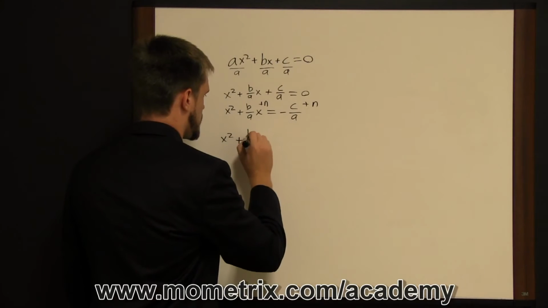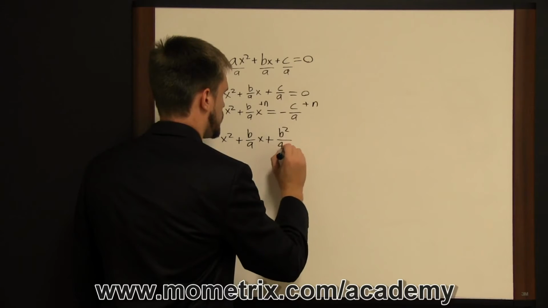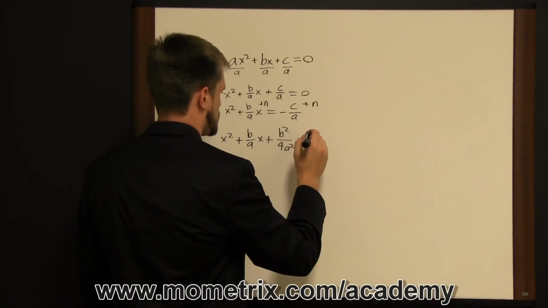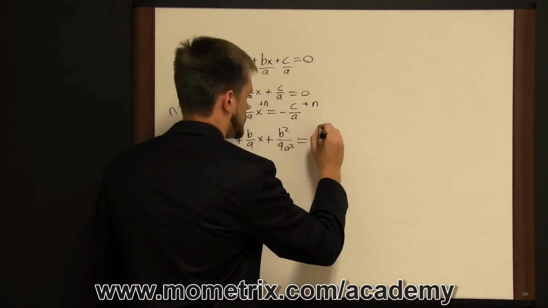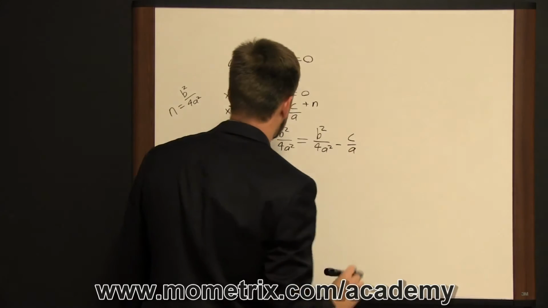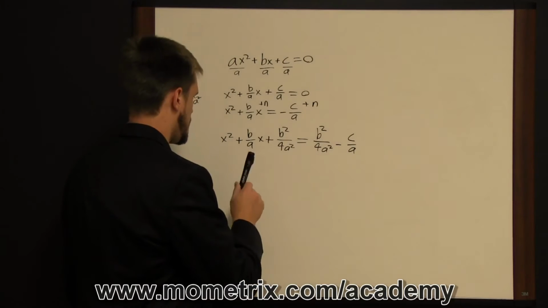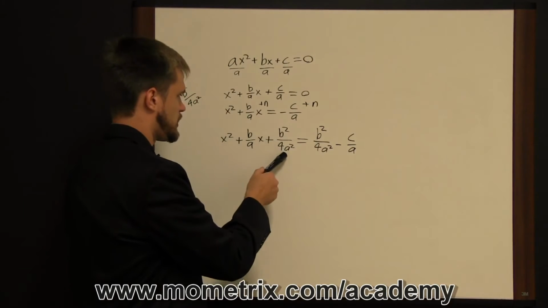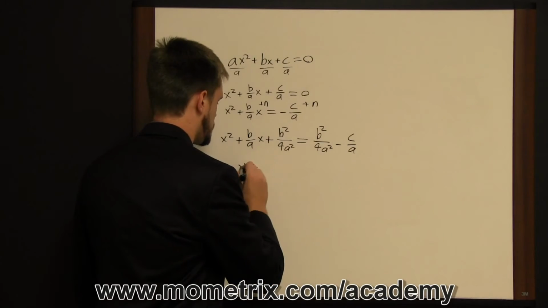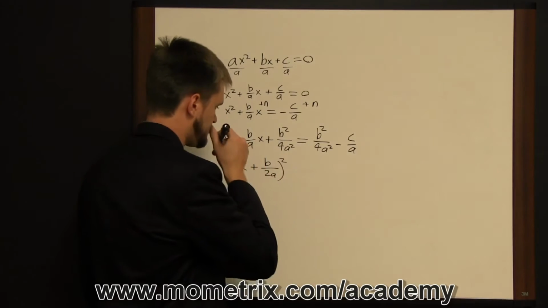and that gives us x squared plus b over a times x plus b squared over 4a squared equals, well, let's just write it as we have it for now, b squared over 4a squared minus c over a. Now this side of the equation we can rewrite because we picked our constant here such that this side of the equation would equal x plus b over 2a squared.